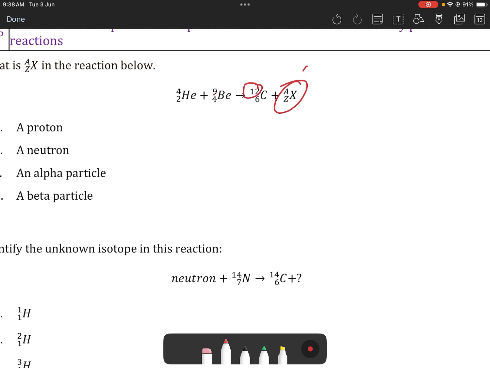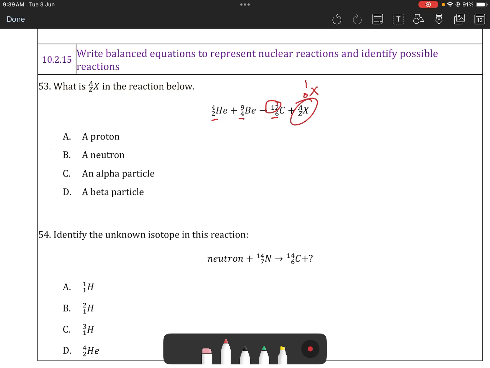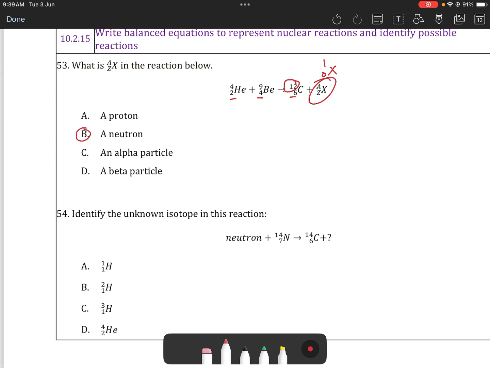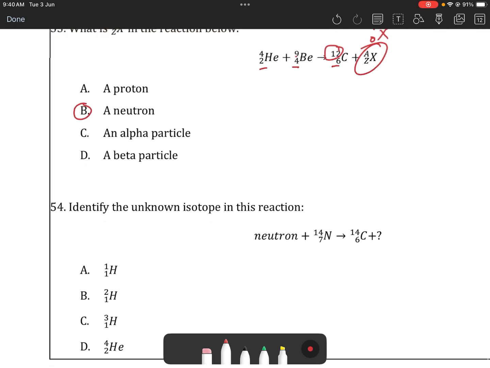So this one is X 1. 2 plus 4 gives us 6, so this is 0. In which case we have 1 nucleon but 0 protons. That means we have a neutron, right? Because remember, nucleons means protons and neutrons. Yani, if we have 2 protons and 2 neutrons, that means 4 nucleons. Don't forget this.